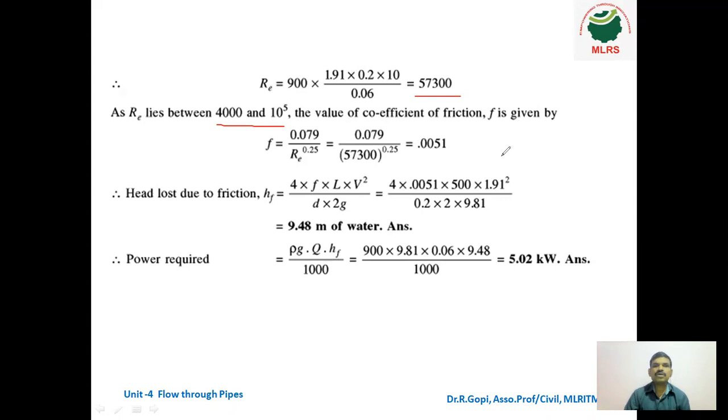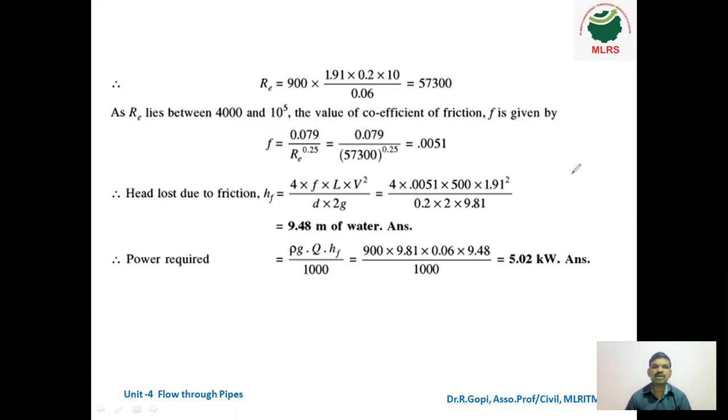So the value of coefficient of friction is given by, in this problem they didn't give any formula for calculating coefficient of friction. So the normal formula we use is f equal to 0.079 divided by Re power 0.25, or Re power 1 by 4. 1 by 4 is nothing but 0.25.